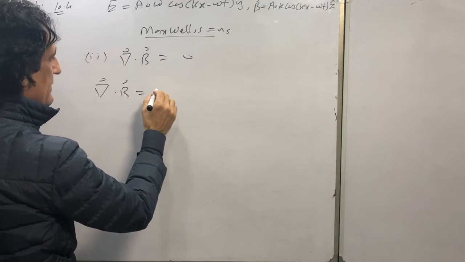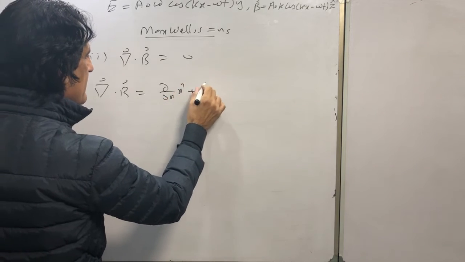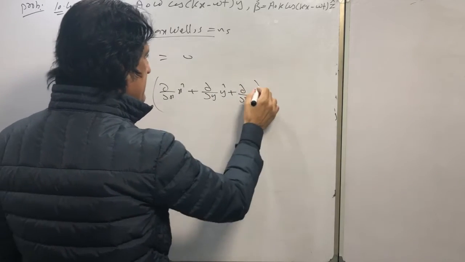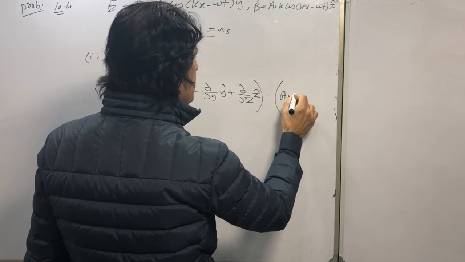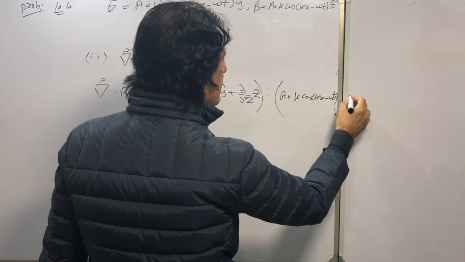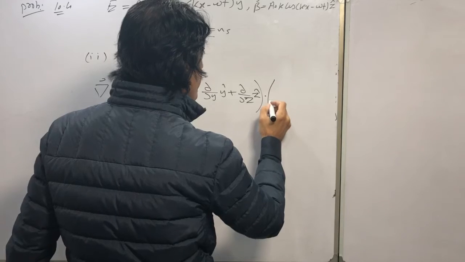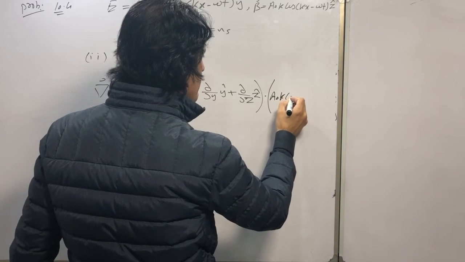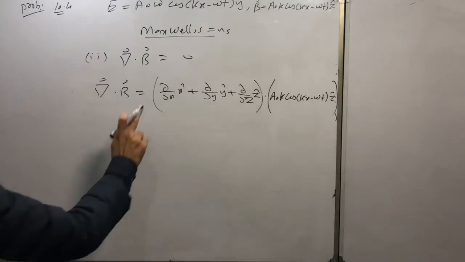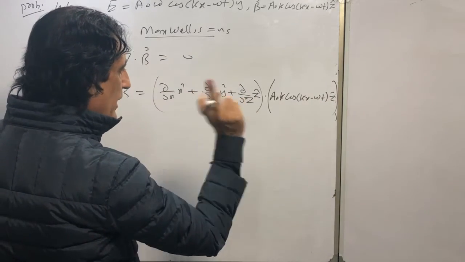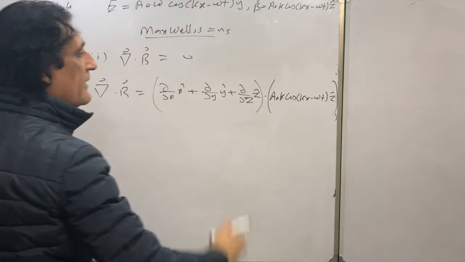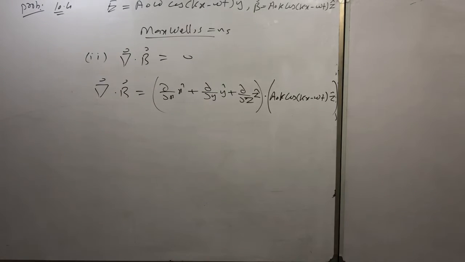The divergence of B: partial x, partial y, partial z, and B is A naught k cosine of (kx minus omega t) in the z direction. So z dot z is equal to 1, but partial divided by partial z gives nothing, because B does not depend upon z.